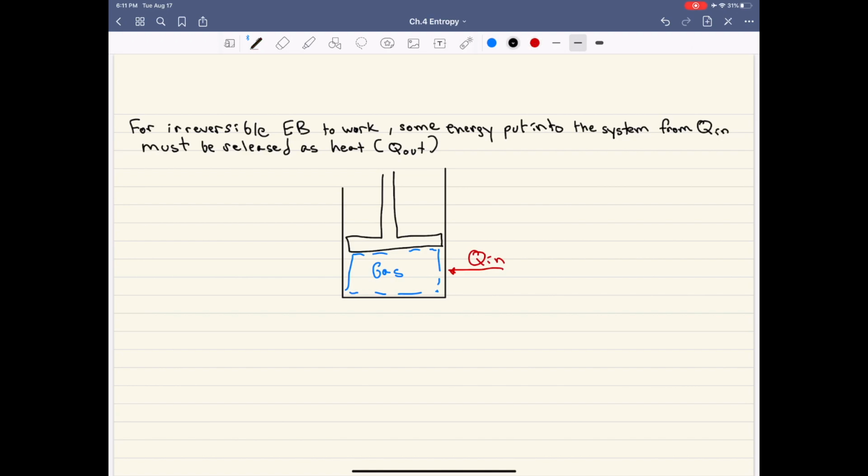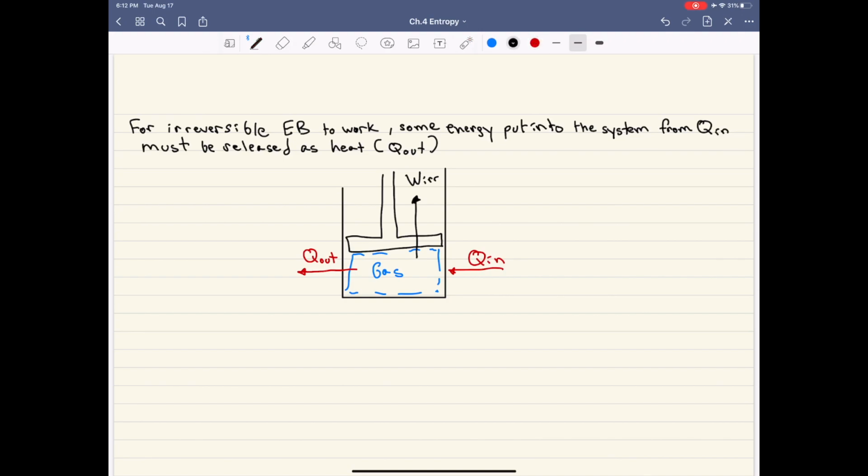Some of the energy that we put in is transferred directly as irreversible work, but another segment of that energy is going to leave the system as Q out. So that's where the energy that's going into the system leaves, under two separate mechanisms.